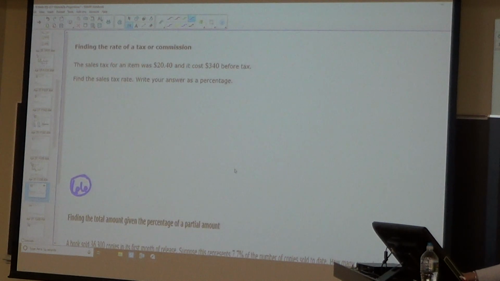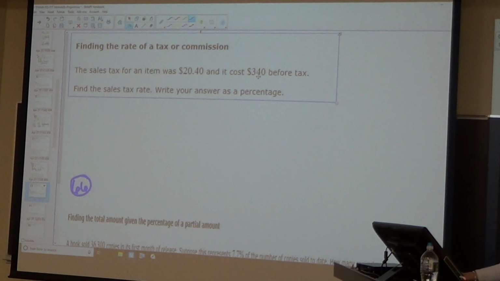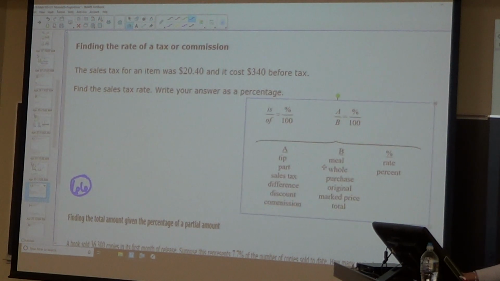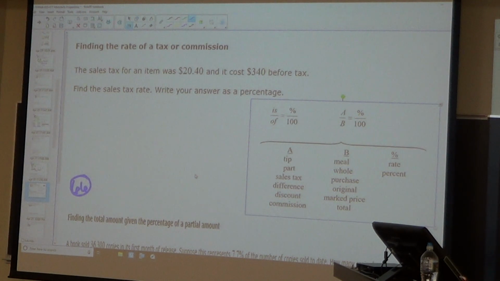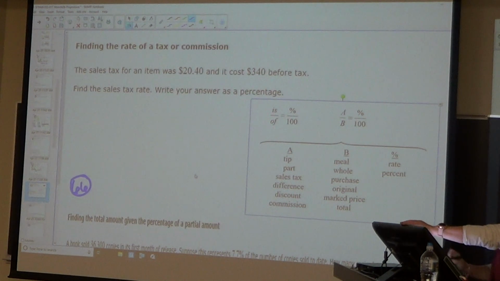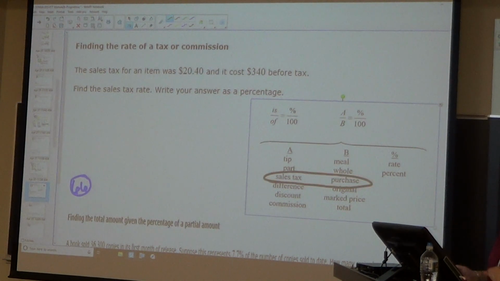All right. Let's look at this one. This one talks about sales tax. So I come over to my list and I find the one that deals with sales tax. So I'm going to do sales tax over purchase equals percent over 100.